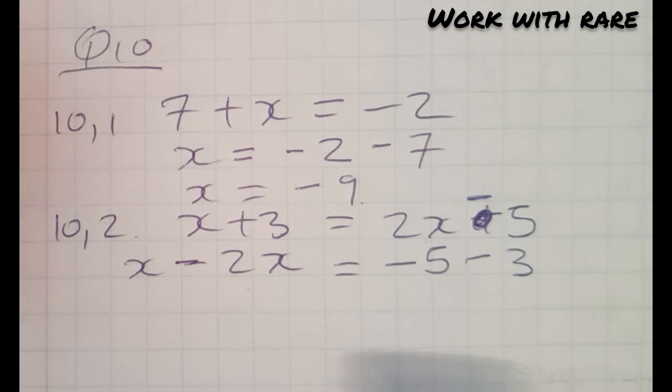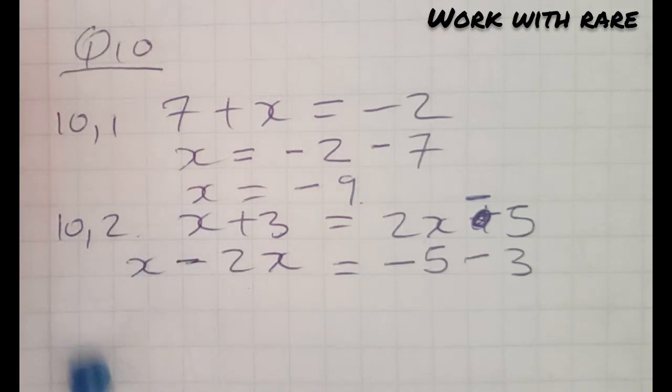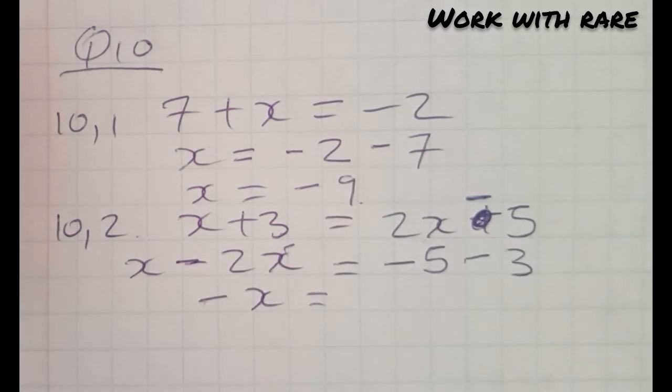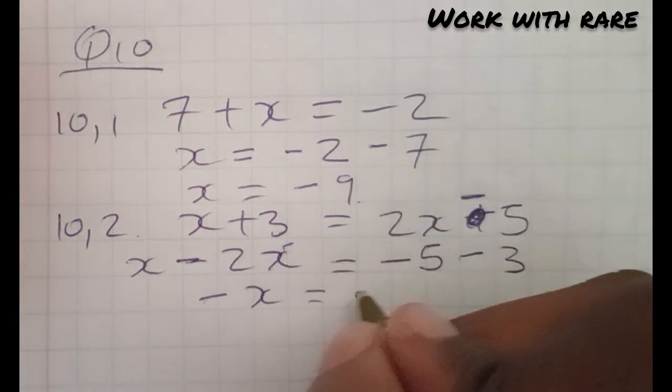Okay, so x minus 2x is -x. Why? Because 1 minus 2 is -1, but remember, they have x, so we have to say -x is equals to -5 minus 3, it's -8.